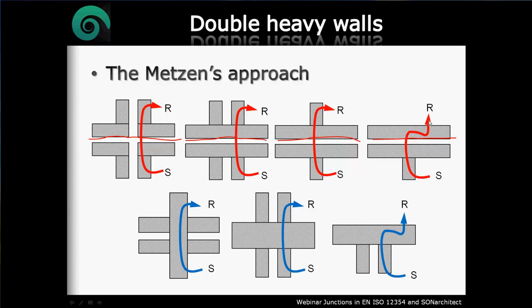However, in the bottom row, besides having a double wall, the flanking transmission does not cross the cavity. So we can go from the source to the receiver without going through the cavity. Here again from the source to the receiver, and here from the source to the receiver.